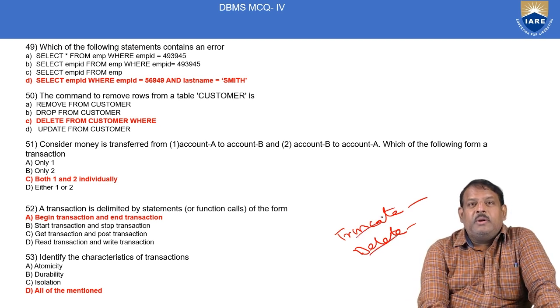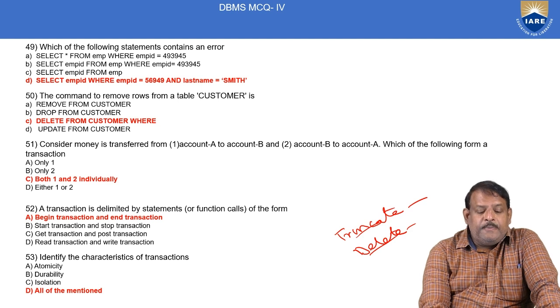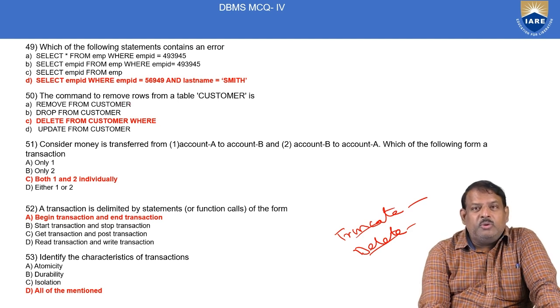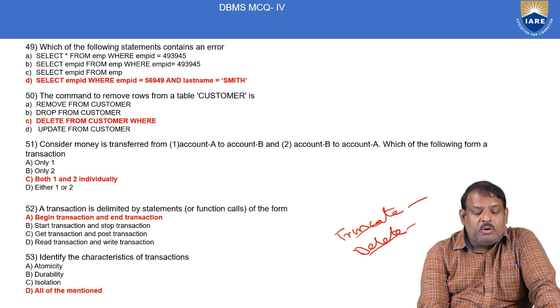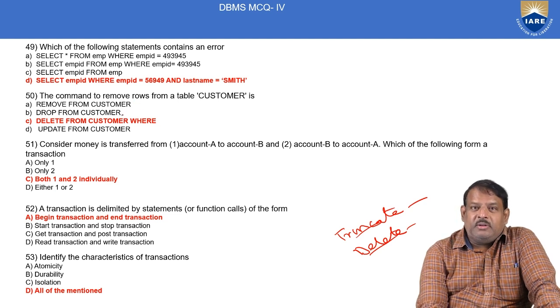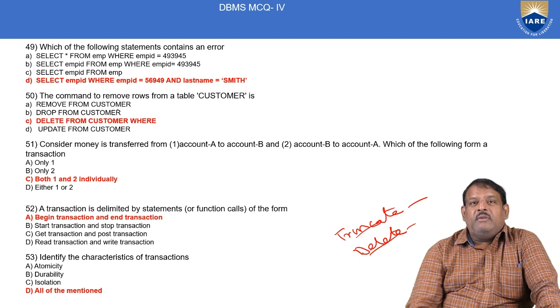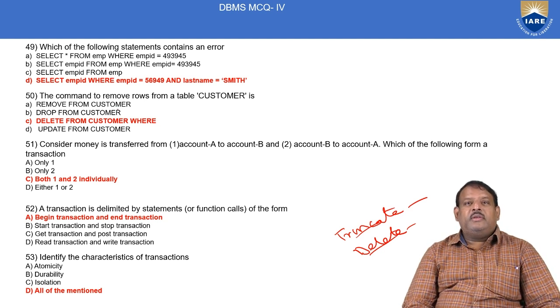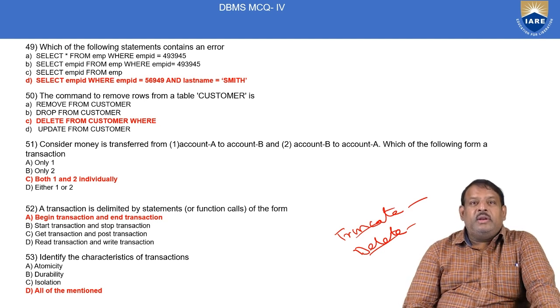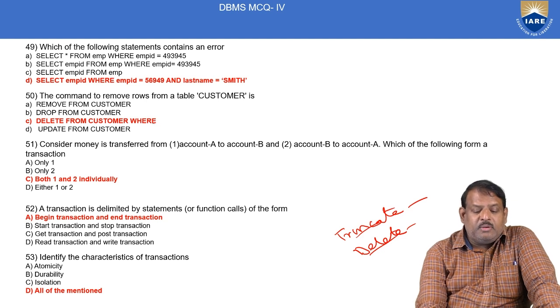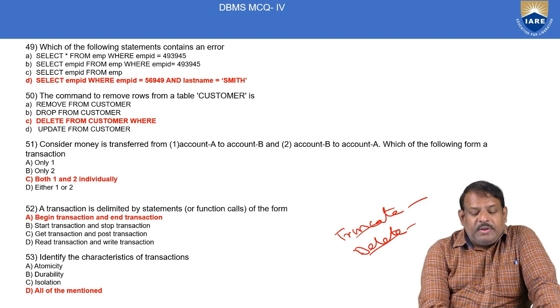What are the commands in the given options to remove from customer? REMOVE is not a keyword in DBMS, so the first answer is ruled out. DROP FROM customer is not a valid command. DELETE FROM customer is a valid statement, even though the WHERE clause is not given.